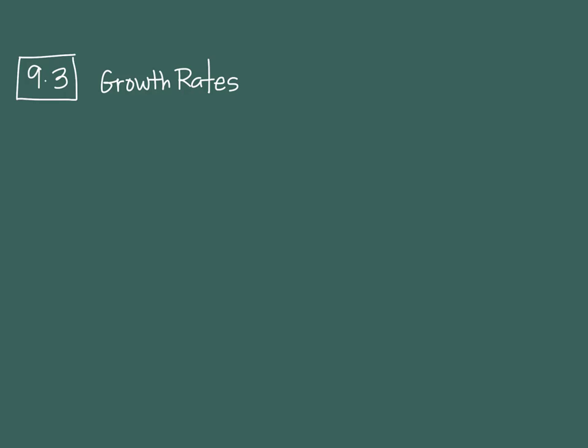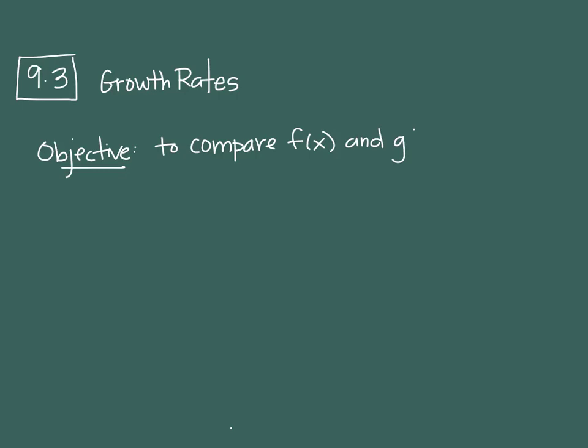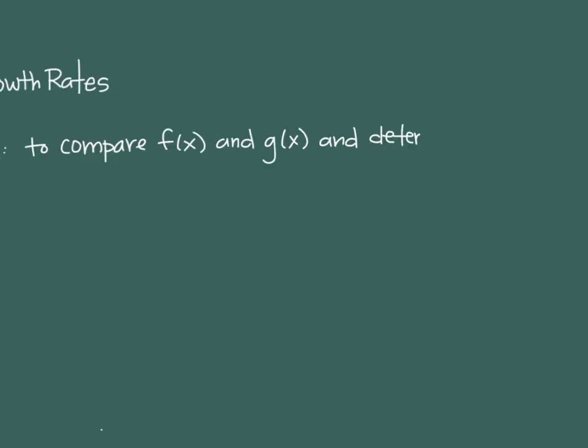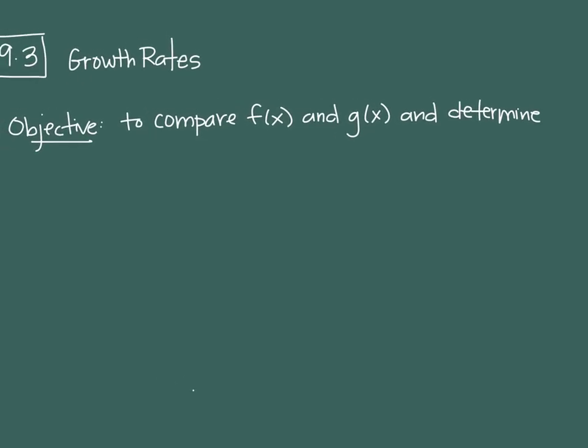One of the things we need to learn how to do in this chapter, our objective, is to compare two functions, f of x to g of x, and we want to be able to make a determination which will reach infinity first, if you could get there.